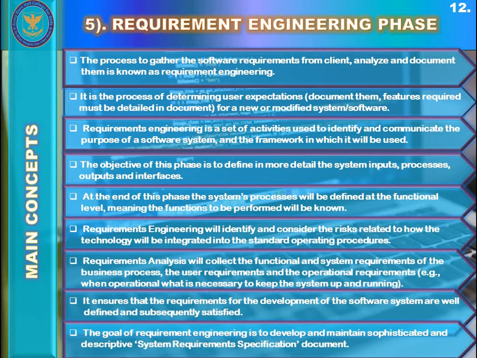But in the requirement engineering phase, these requirements are totally different. These are the requirements which are needed by the project manager and the software development team in order to develop that proposed software or system.